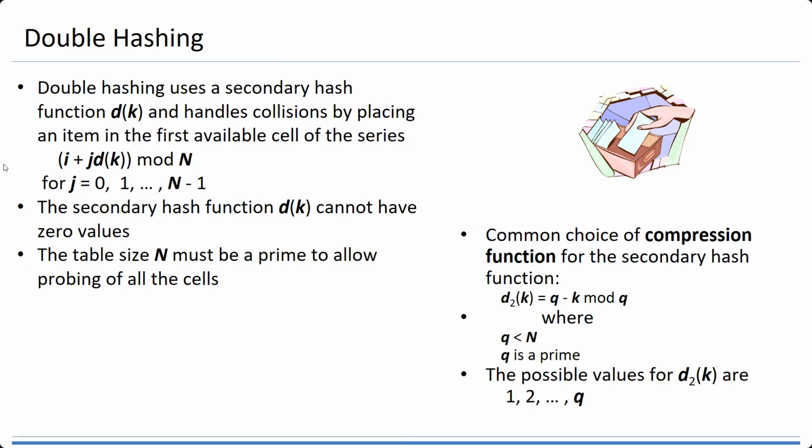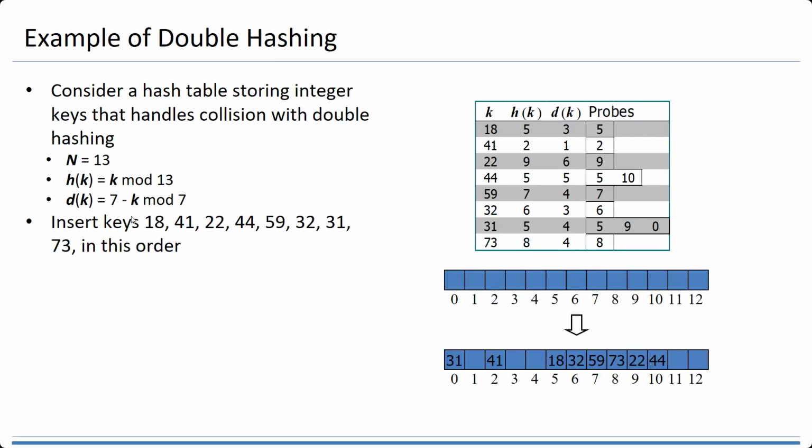So what does it mean by j equals 2? So we have I plus j dk. Oh, sorry. I plus j multiplied by dk.